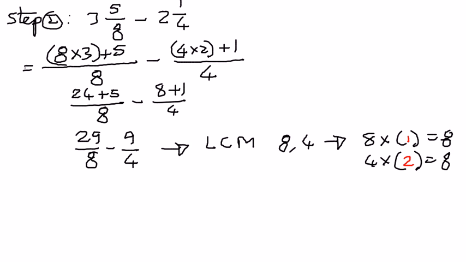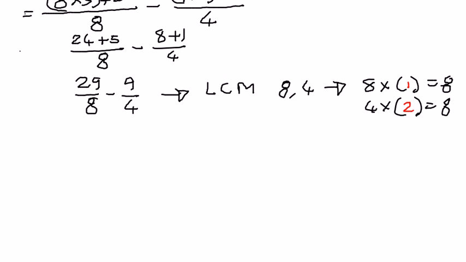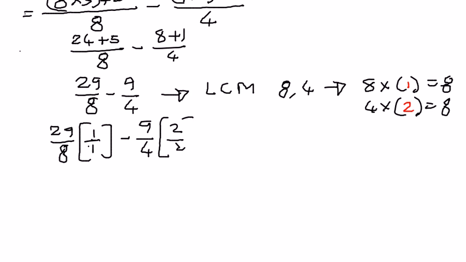So we can write this as follows. We're going to write 29 divided by 8. We're going to multiply and divide by 1. It is not going to change anything, but we have a common denominator of 8. In the second fraction, which is 9 over 4, if we multiply and divide by 2, we will have a common denominator of 8.